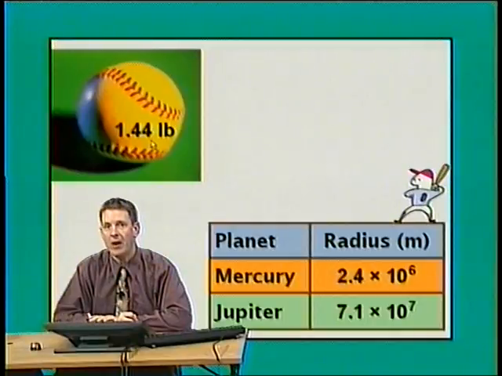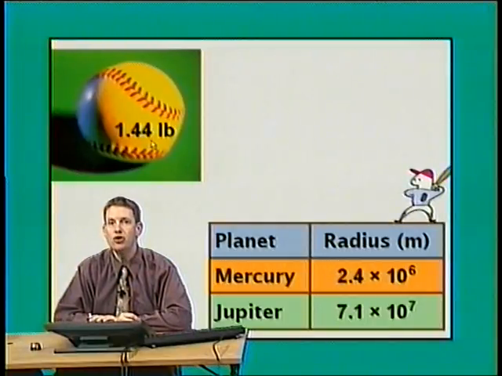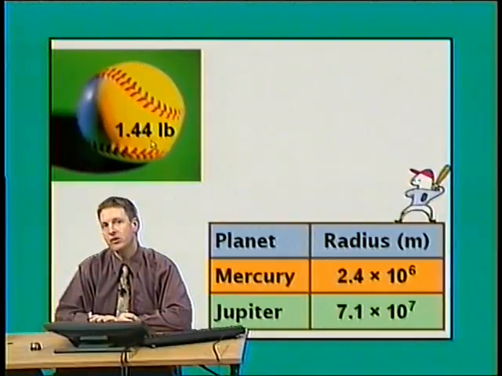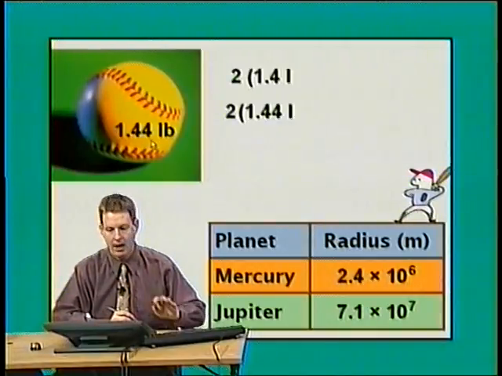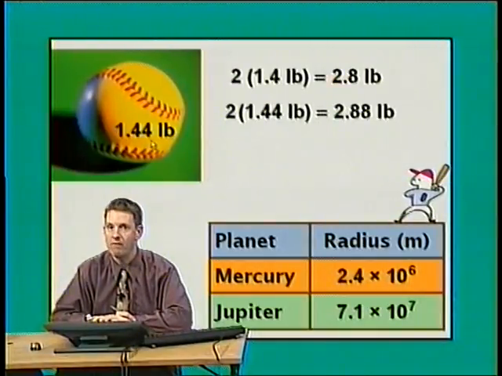And suppose we were asked to find to 2 significant digits the weight of 2 baseballs. Well, suppose that we first rounded the weight of 1 baseball to 2 significant digits. That would be 1.4 pounds. And when you multiply 1.4 pounds by 2, you end up with 2.8 pounds.